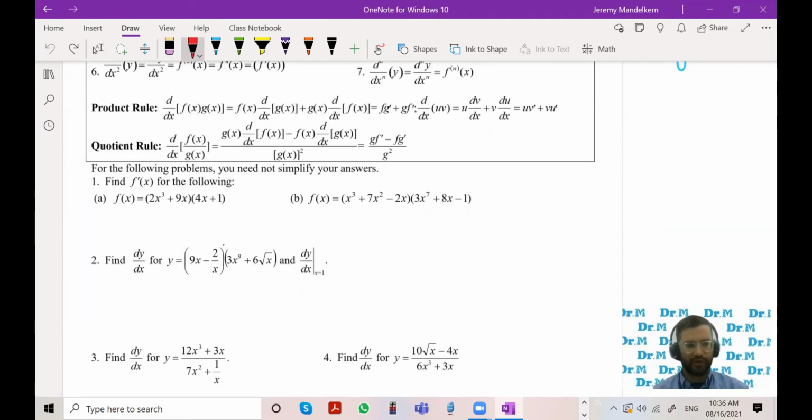Let's try this first problem. It reads, for the following, you need not simplify, find f prime. And f is given as a product of two binomial expressions. Of course, we could multiply out these binomials using the FOIL technique, and then we could differentiate the resulting polynomial using things like the power rule or the linear properties.